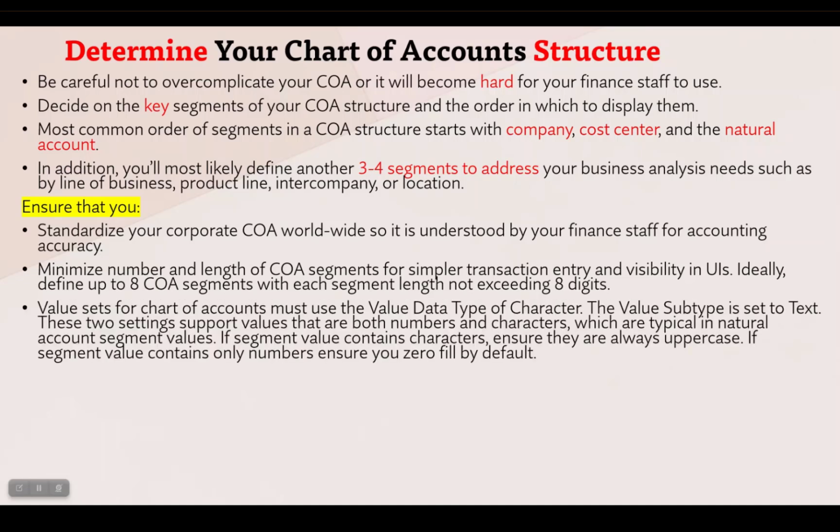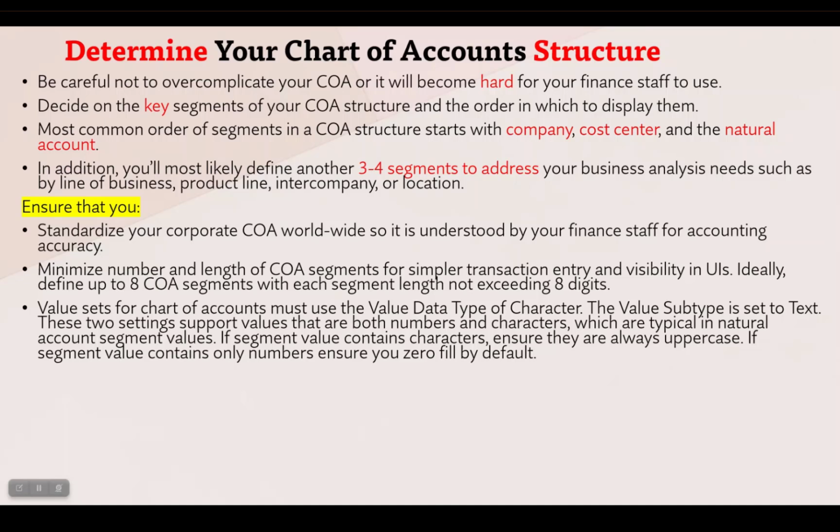Value set for chart of accounts must use the value data type of character, because with character, as you know, you can add zeros, numbers, text or whatever. Value subtype is set to text. These two settings support values that are both number and character, which are typical in natural account segment values. If a segment value contains characters, ensure that they are always uppercase. If a segment value contains only numbers, ensure you zero fill by default.